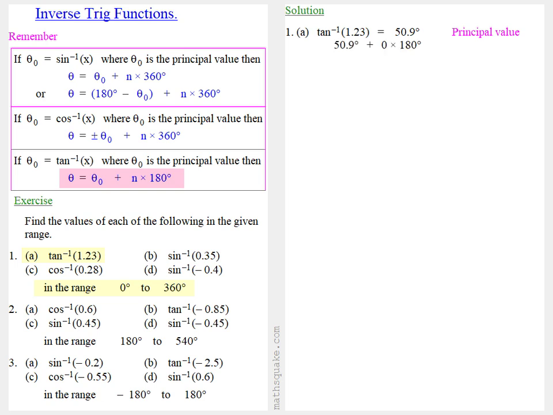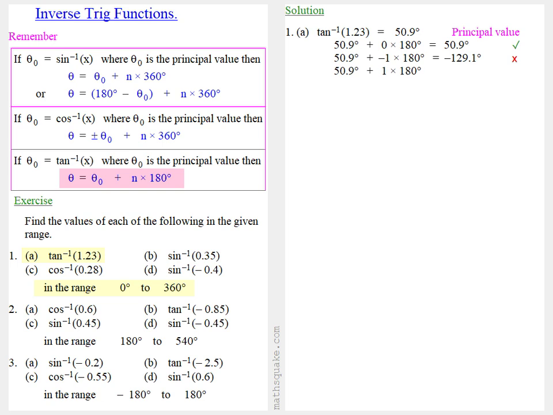So if we let n equal 0, that gives us 50.9 plus 0 times 180, which is 50.9 degrees, and that's in the range we want. If we took n as minus 1, we'd get minus 129.1 degrees, which is not in the range, it's below 0.